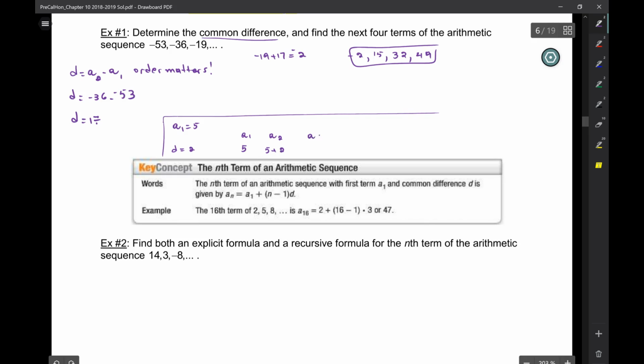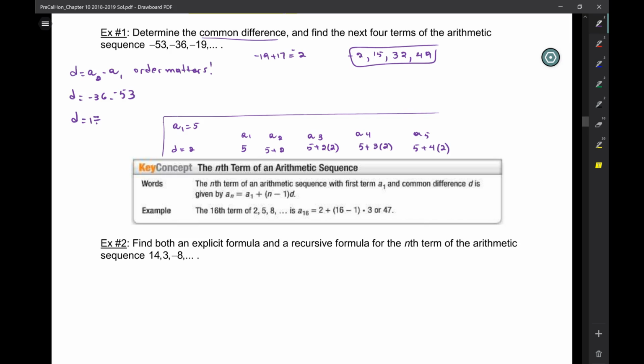And then how do you get A3? 5 plus how many 2's? 5 plus 2 times 2, because it's 5 plus 2 plus 2. And then how do you get A4? 5 plus how many 2's? 3. So 3 times 2. And then A5, 5 plus how much? 4 times 2, right? And so on and so forth.